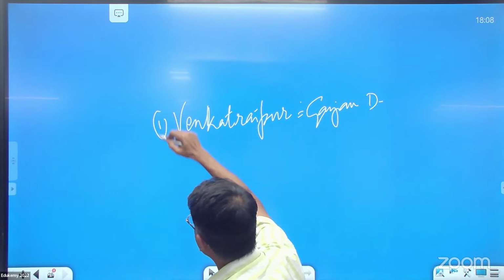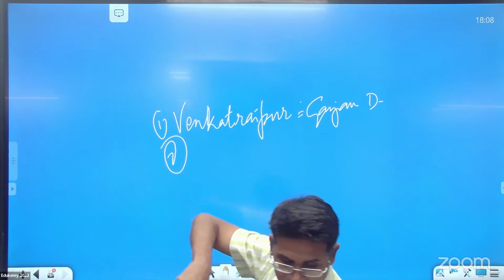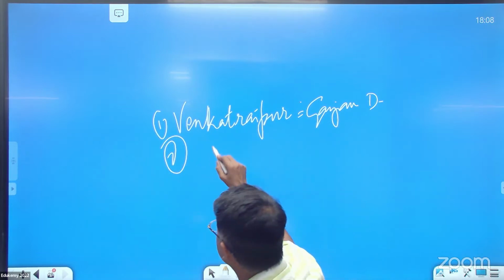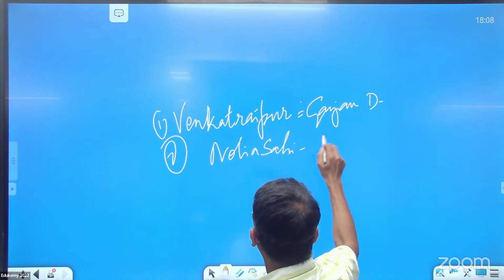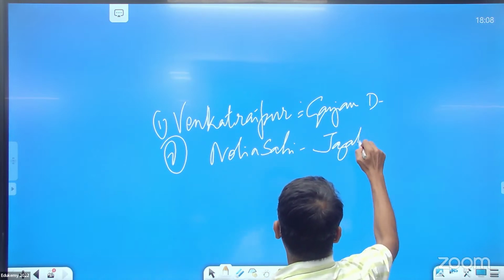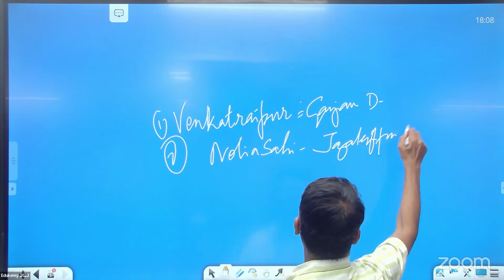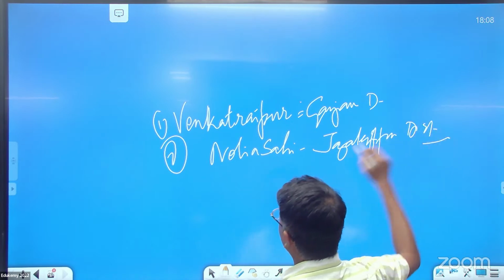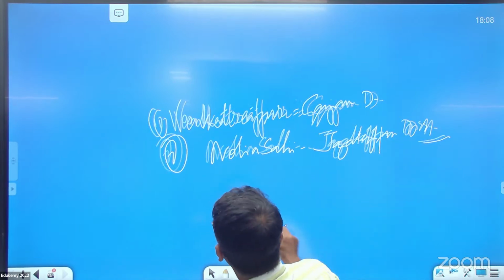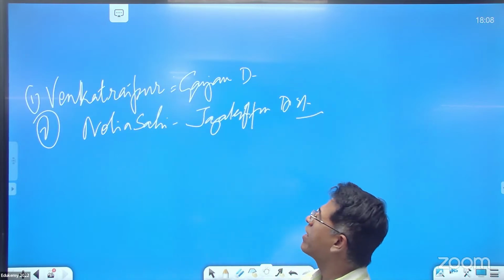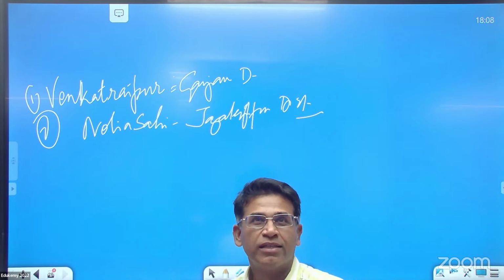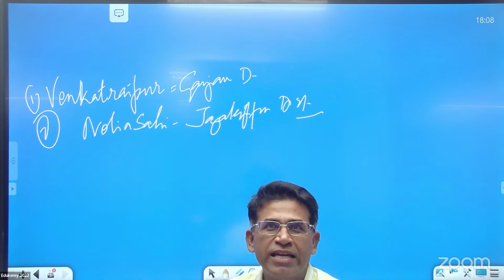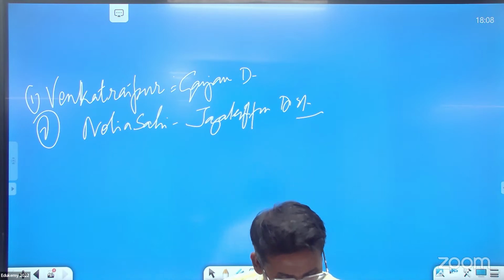And the second is Nolia Sahi in Jagatsinghpur district, near Paradip Port. These two villages, Venkat Raipur village in Ganjam district and Nolia Sahi village in Jagatsinghpur district.